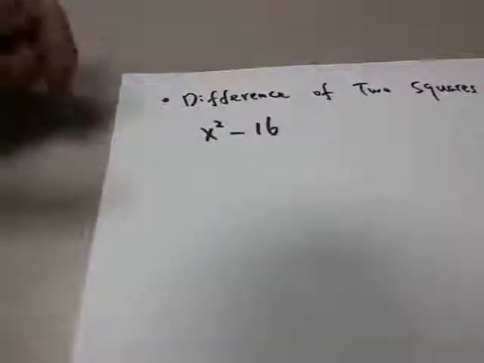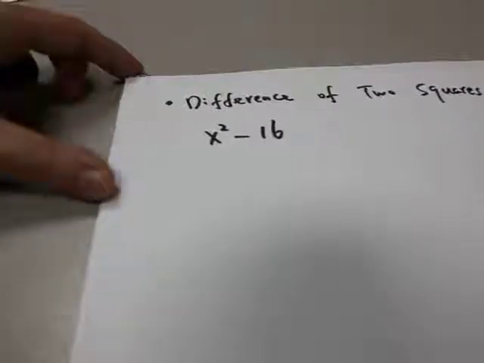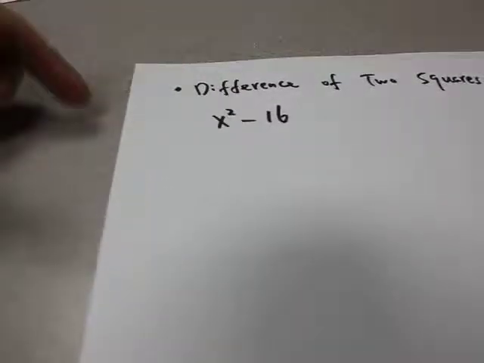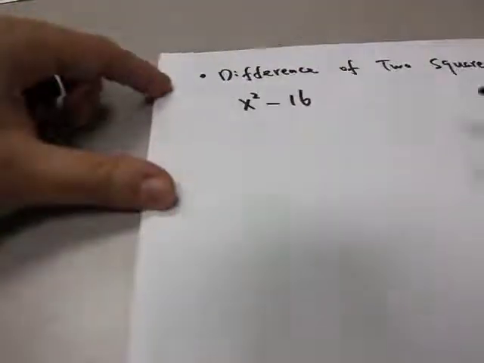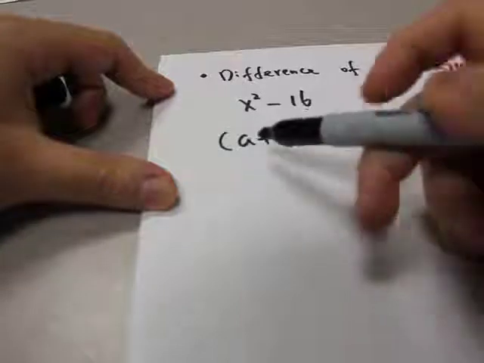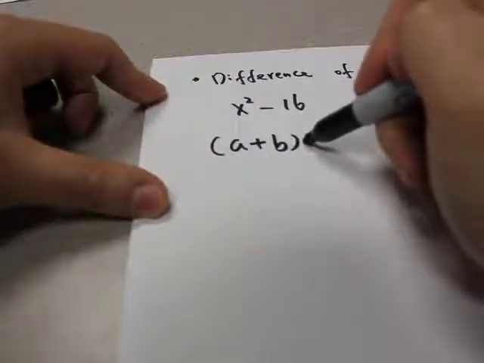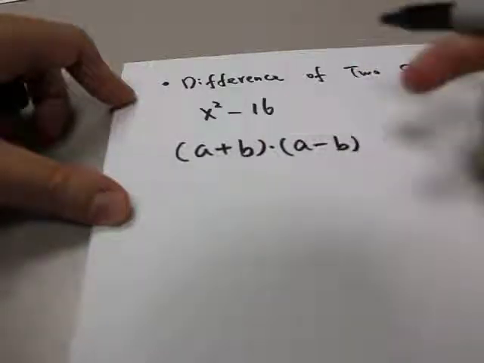Now let's recall in the previous section when we studied polynomials, we said there is a special product of binomials, and the pattern is like this. So we have one binomial a plus b multiplied by another binomial a minus b.